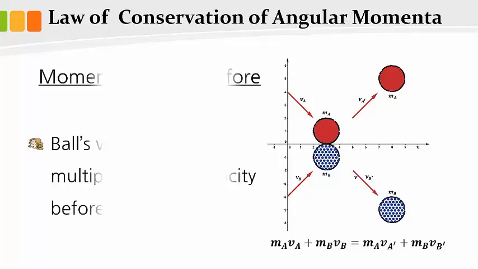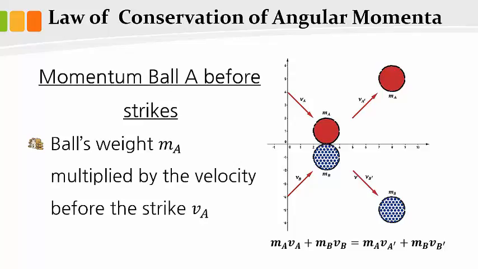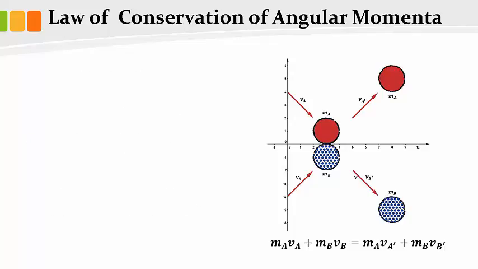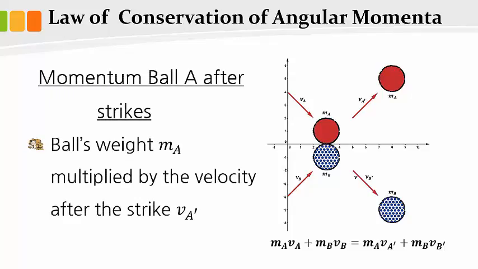The momentum of ball A before a strike is the value of the ball's mass multiplied by the velocity before the strike, velocity 0. The momentum of ball B can be found in the same way. The momentum of ball A after a strike is the value of the ball's mass multiplied by the velocity after the strike, velocity 1.